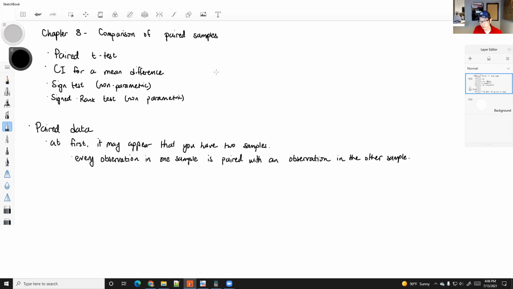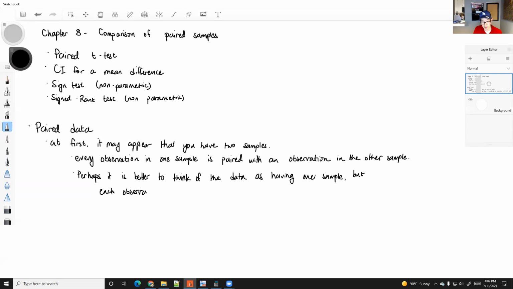In some cases, we could even think of it as just having one sample where each observation consists of two measurements. Now, this is not always the case.